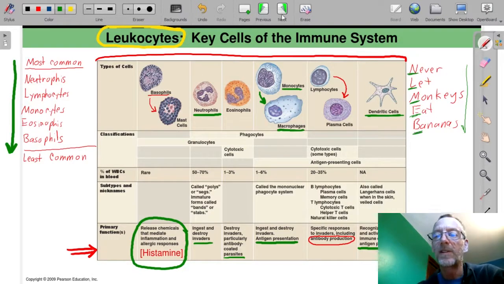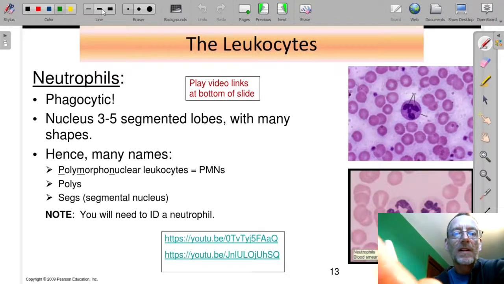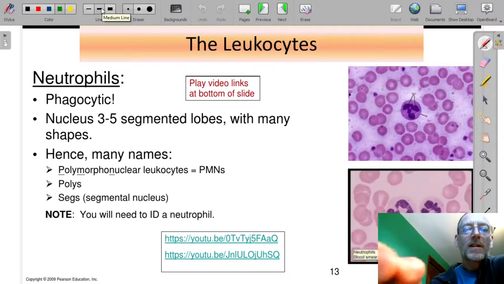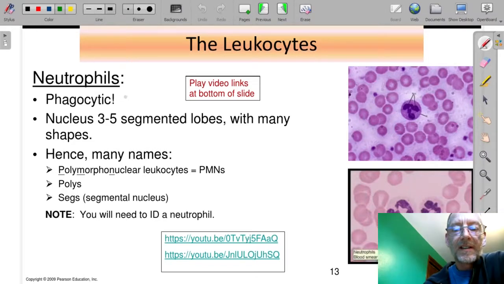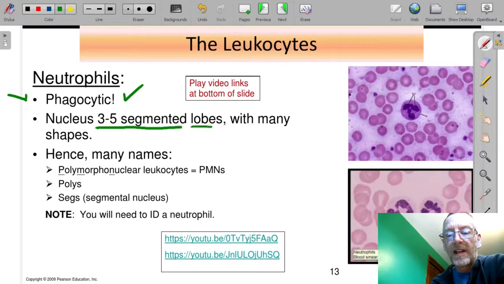Okay, back to the previous slide. So, going through these in order, start with the neutrophils. They are strongly phagocytic. And they are easily recognized under a microscope due to the shape of their nucleus. It has 3 to 5 segments or lobes, and there's lots of different shapes.